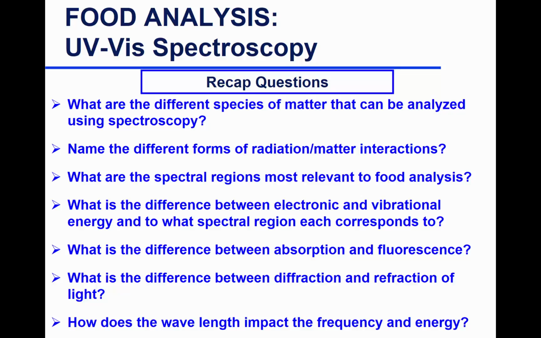So which spectral region does electronic correspond to? Electronic is UV, and vibration is IR. Yes, and electronic is also UV-Vis, so both: UV-visible for electronic, and IR for vibration.